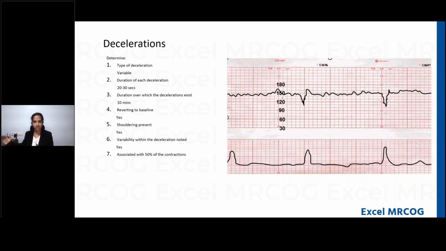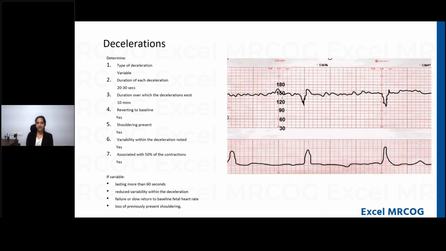You have to look at a longer tracing, at least a 30-minute CTG tracing, which you may get in the exam. It is not possible to show it online, but you may get a long trace, particularly in the on-site exam. Here, considering that this pattern repeats, I would say yes.